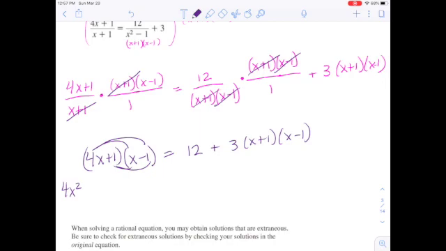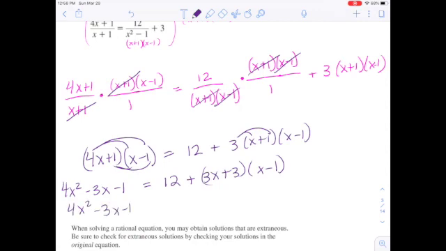So this will give you 4x squared minus 3x and a minus 1. I did some of that in my head just so you know. 12 plus, we'll distribute in here, 3x plus 3 times x minus 1.